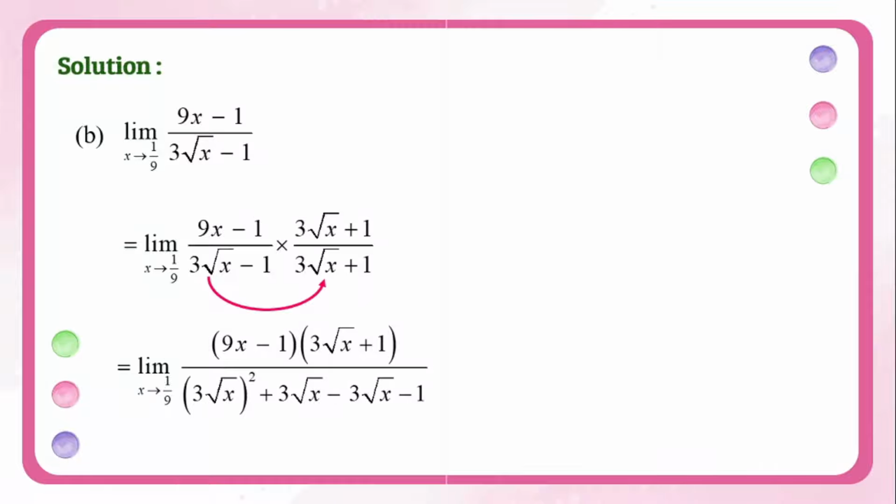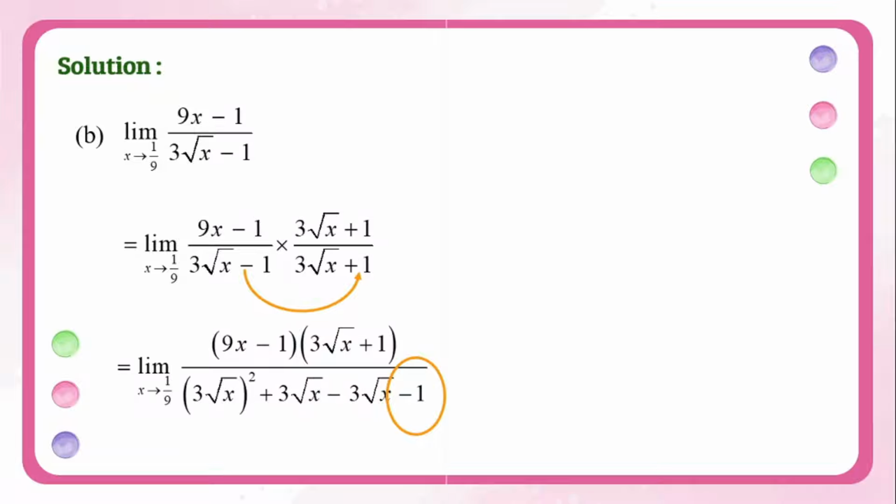So we get 3√x times 3√x, so it is 3√x squared. Then 3√x times positive 1, so we get positive 3√x. Negative 1 times 3√x, so it is negative 3√x. And last, negative 1 times positive 1, so it is negative 1.